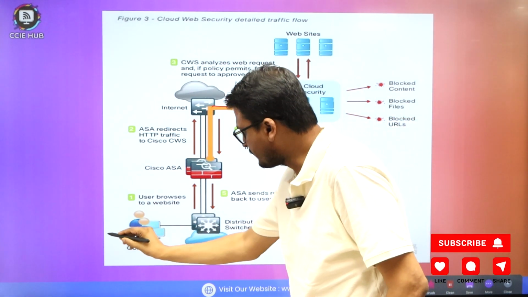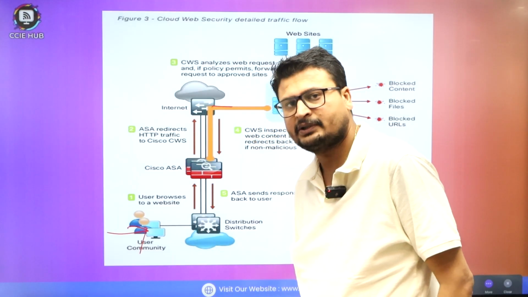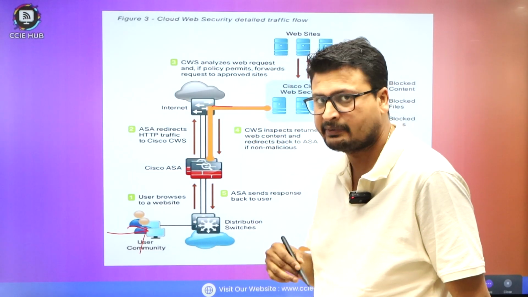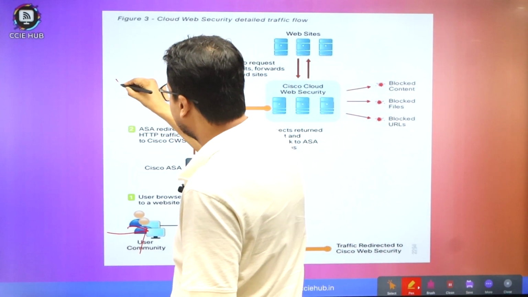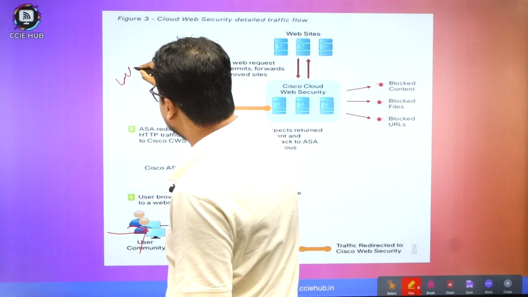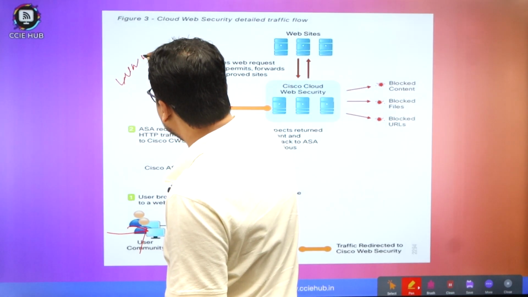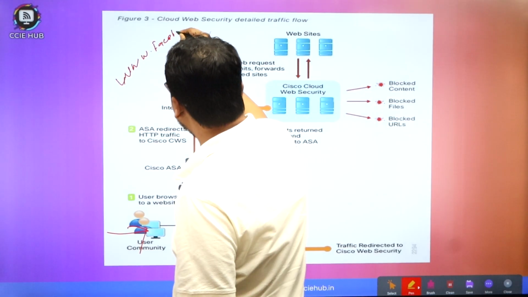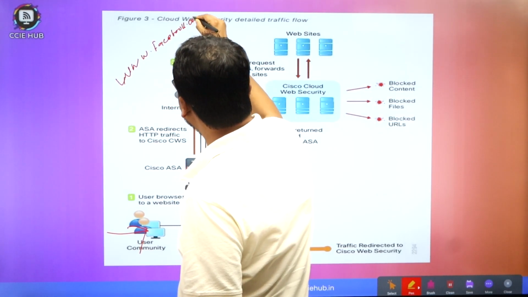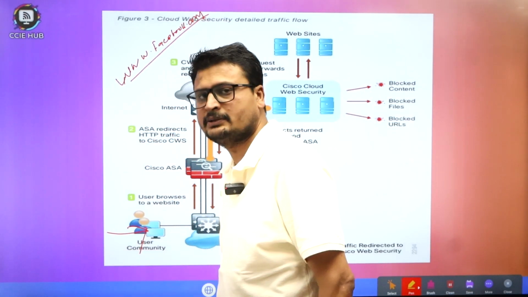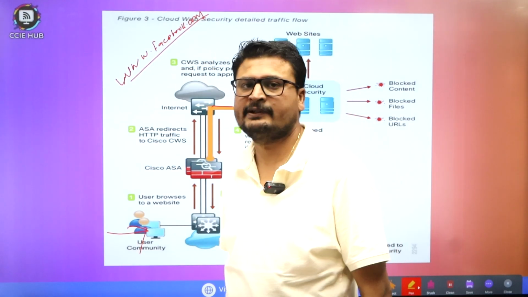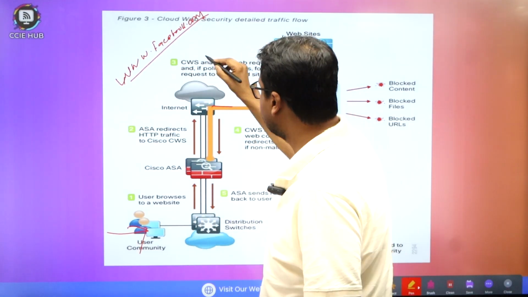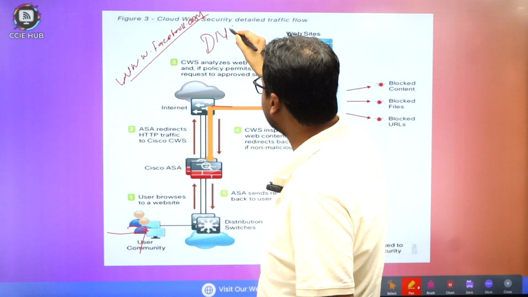Whenever you are requesting any web traffic here, these are the users initiating web traffic. Let's say we are initiating www.facebook.com. So what happens with Facebook? First of all, there will be a DNS request.